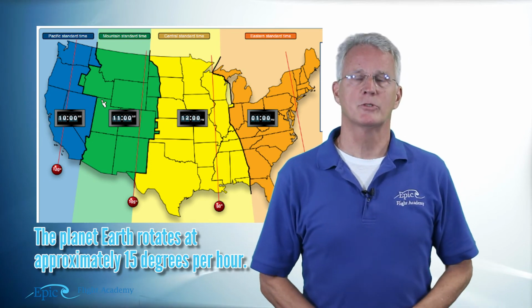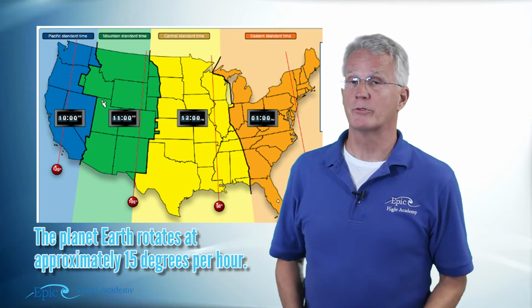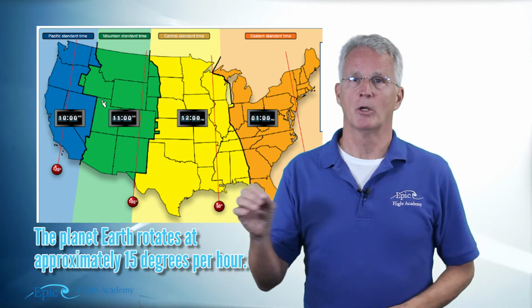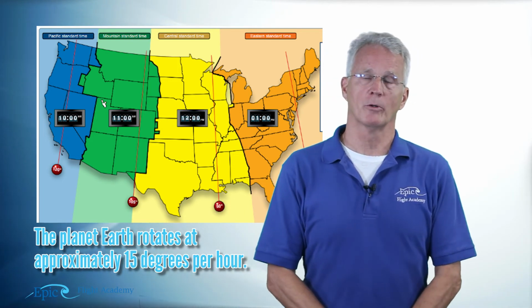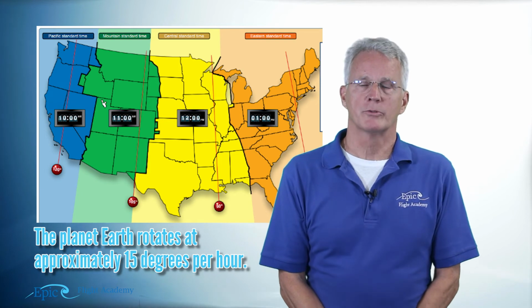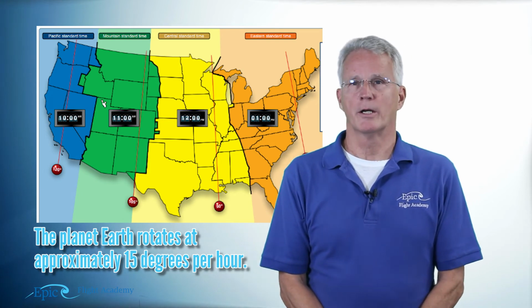Now, when pilots use time zones, we reference Greenwich Mean Time, sometimes called Zulu time, or UTC time, that's Universal Time Coordinated. Remember from an earlier video, we talked about why the agonic line, or 0 degrees, runs through Greenwich, England.